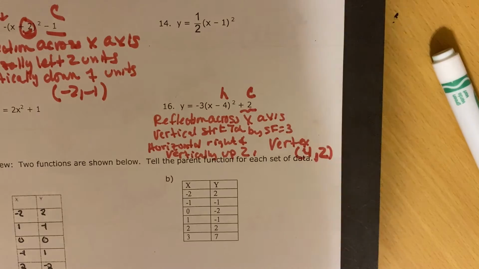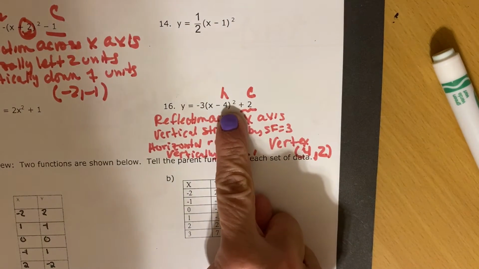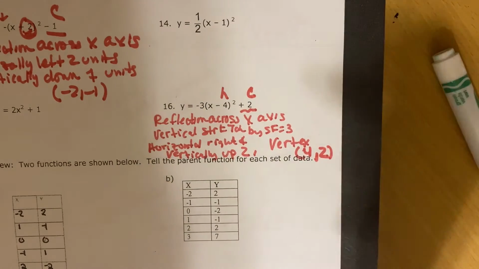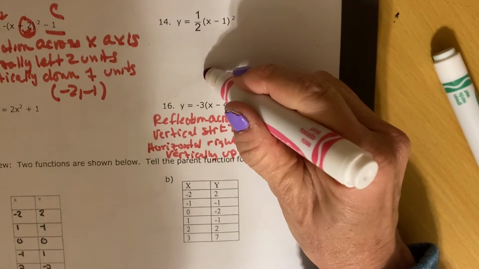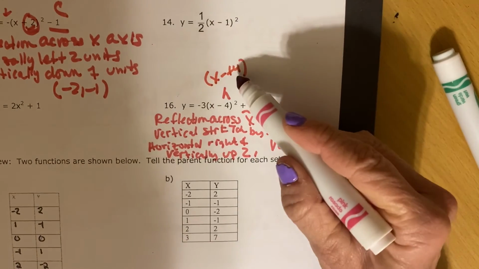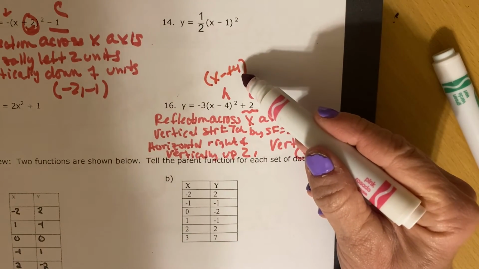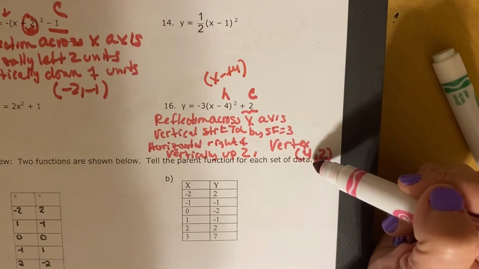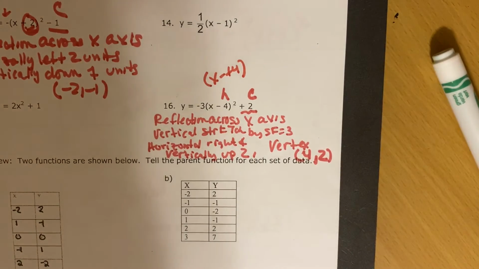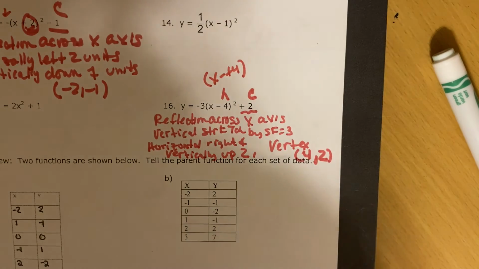So then our vertex is, if we look here, we know our parentheses lie, and so remember that our vertex has to be written in the form x minus, and so x minus a positive 4 is how that is, and so the first part of my vertex is a positive 4, which is the x value, and then the c, and so my vertex is now at 4, 2.